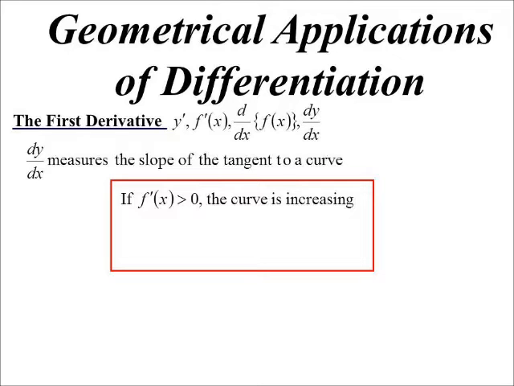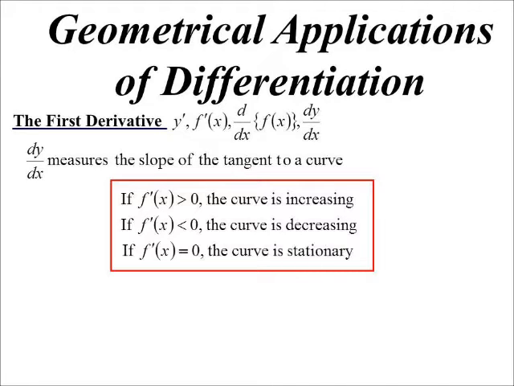It must be increasing. And consequently, if the derivative is negative, that means the slope of the tangent is negative, so the curve must be going down, or decreasing. And then if it's equal to 0, then it's stationary. The tangent would be horizontal, so we'd have a turning point at that stage. If it was a parabola, it would be its vertex.